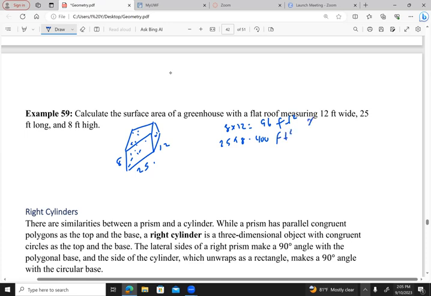We have two of these. That's 192. And we have four of these. That's 1,600. We have 1,792 square feet is the surface area. And that's what we want.